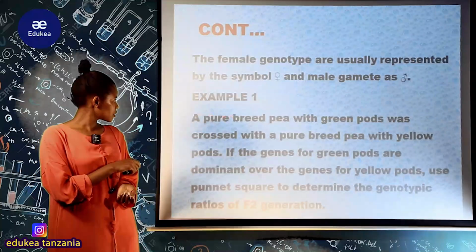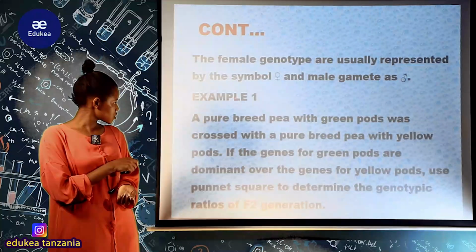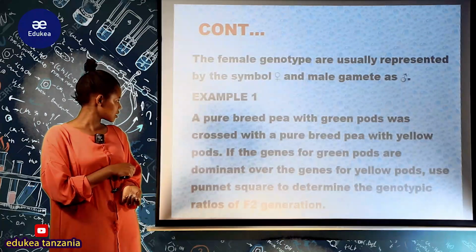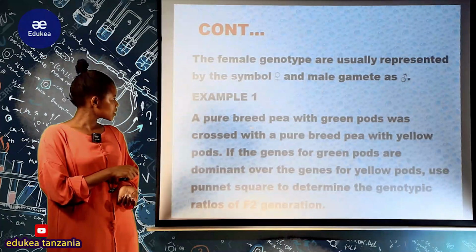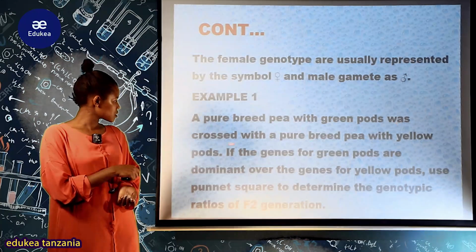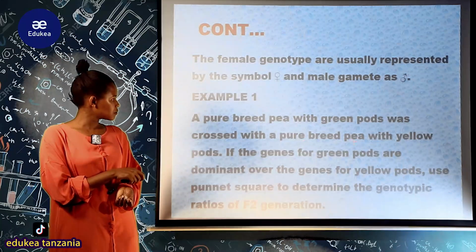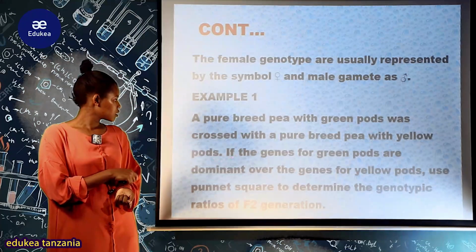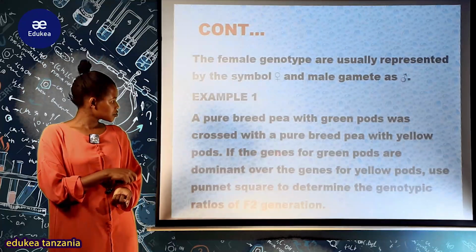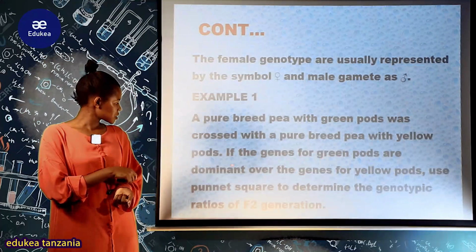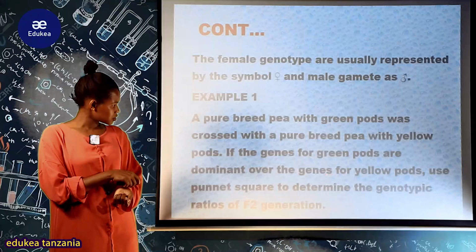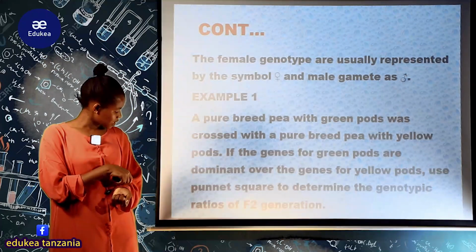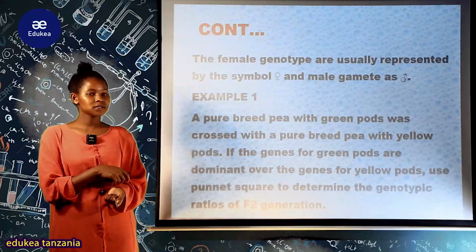And here we are going to pass through this example so that we can gain an insight on what we are studying. A pure breed pea with green pods was crossed with a pure breed pea with yellow pods. If the gene for green pods is dominant over the gene for yellow pods, use a Punnett square to determine the genotypic ratios of the F2 generation.